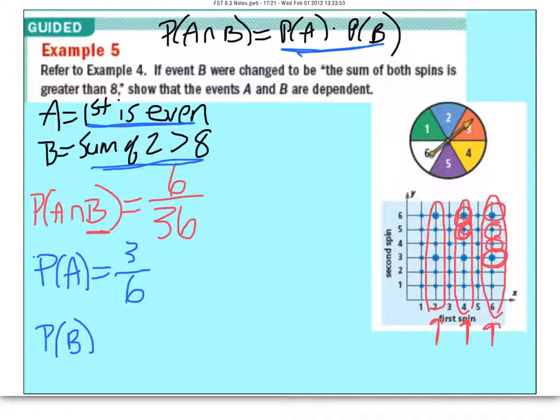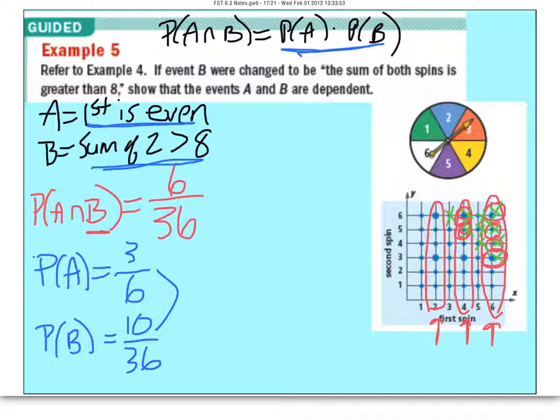So if we go back and look at all of the spins, it's just going to be all of the ones here I just mark with the X. So here we have a 6-3, 6-4, 6-5. Here is a 5-4, 5-5, and so forth, a 4-5, and so forth. So there's 10 of those that meet that requirement, and that's out of a complete 36.